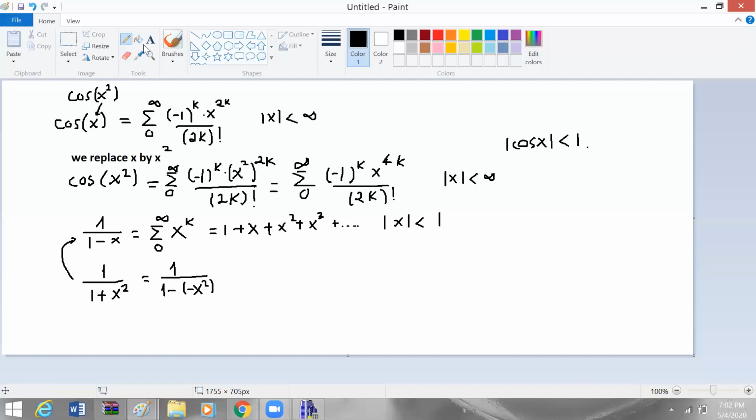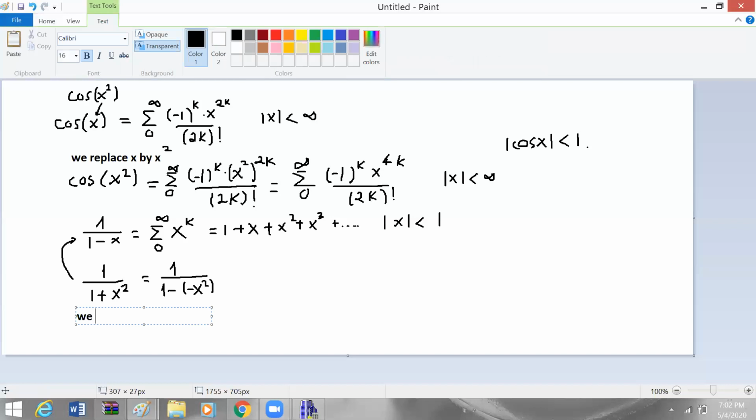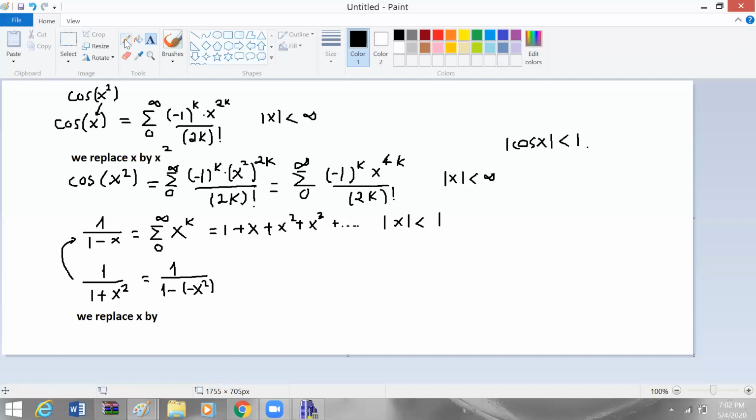But what we're going to be doing is that we're going to replace x by negative x squared so that we can also rewrite this, right? So I'm going to replace using this guy. I replace that part, and so negative x squared. So remember when you replace with negative x squared, we have a negative 1 in front, right?